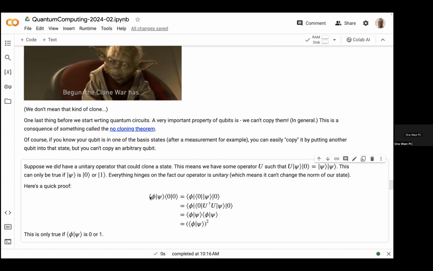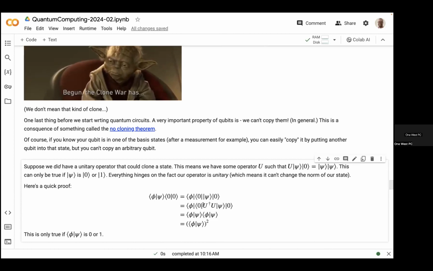Here's a quick proof. If I have some arbitrary state psi, and I want to try to make a copy of one of them, and I start with my other one in the ground state, I can rearrange these terms. Because U is unitary, I can insert it into the middle here. So this is U dagger U, which is equivalent to the identity for a unitary matrix.